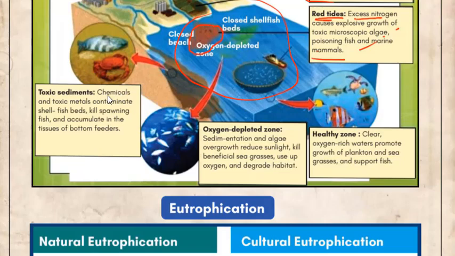Next are toxic sediments: chemicals and toxic metals contaminate shellfish beds, kill spawning fish and accumulate in the tissues of bottom feeders. Next are oxygen depleting zones: sedimentation and algae overgrowth reduce sunlight, kill beneficial seagrasses, use up oxygen and degrade habitats. Next are healthy zones: clear, oxygen-rich water promotes growth of plankton and seagrasses and supports fish. This healthy zone is reducing with the pollution.